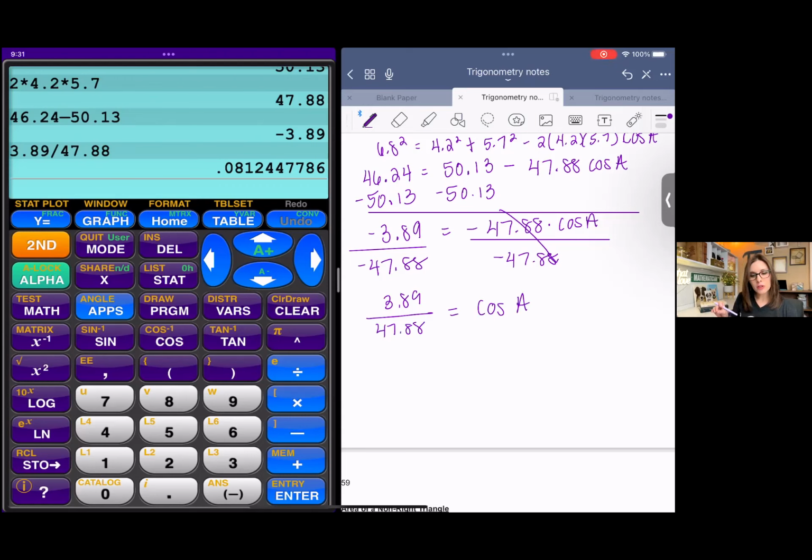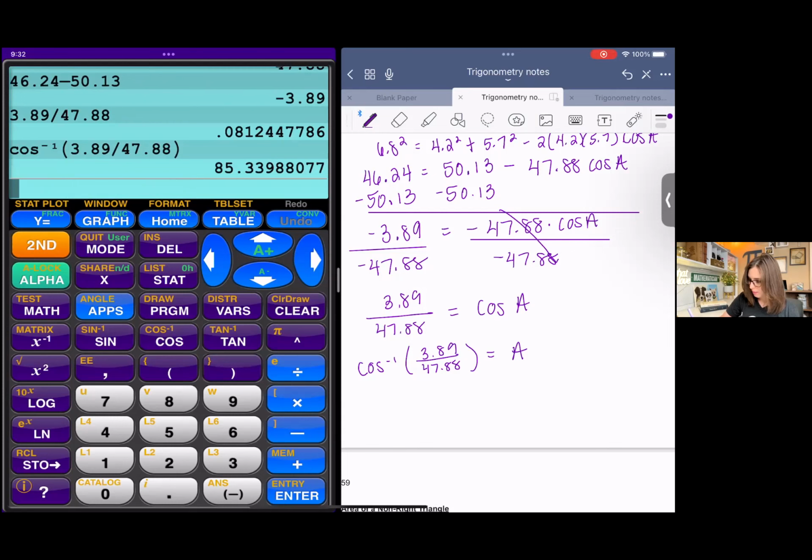And I'm solving for angle A, which means I'm going to have to use inverse cosine. So I'm going to take the inverse cosine of this fraction to get angle A. And so I can just type that in, make sure you're in degree mode. Second cosine of 3.89 divided by 47.88.